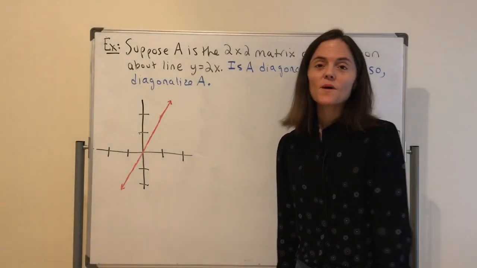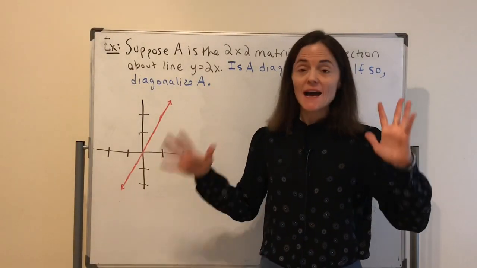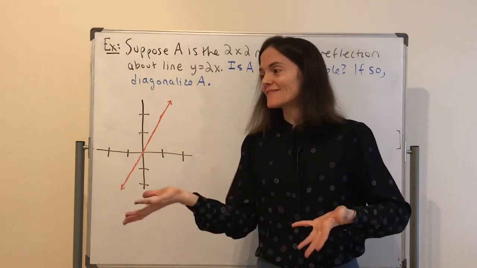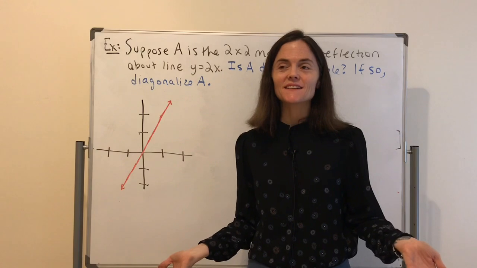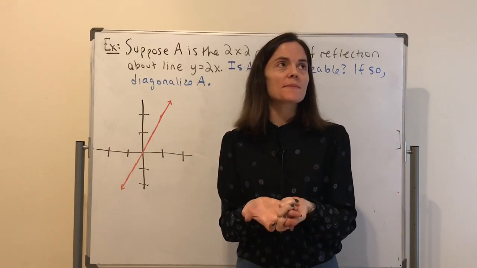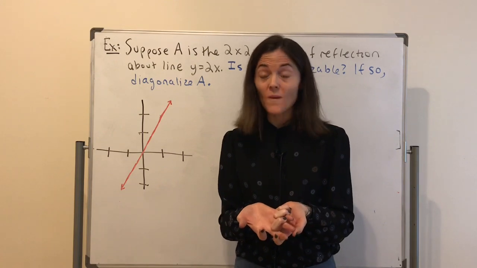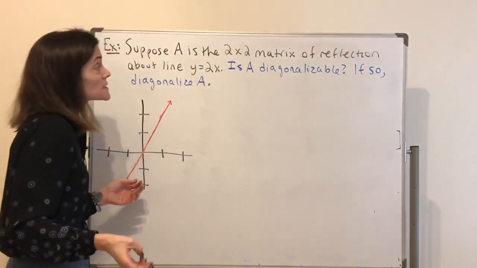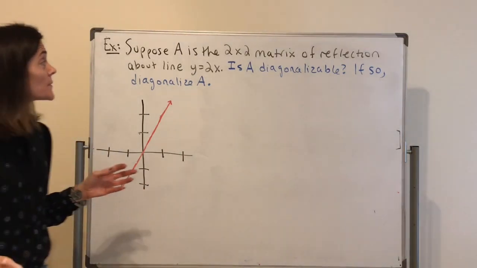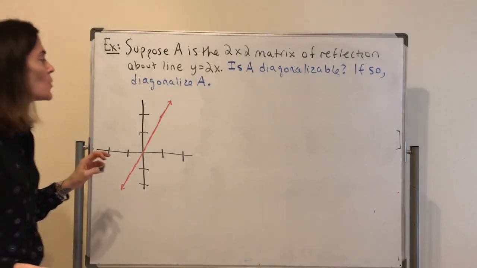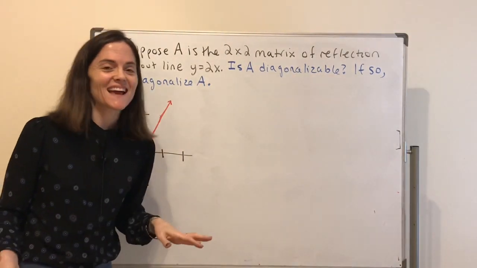Okay? Before we get into how do we find an eigenbasis, or even how do we find an eigenvalue and associated eigenvector for a general matrix, I want to spend some time thinking geometrically, which is always a good idea to begin. So first of all, suppose we have A is the 2 by 2 matrix that reflects about the line y equals 2x, and I have drawn this line in red.